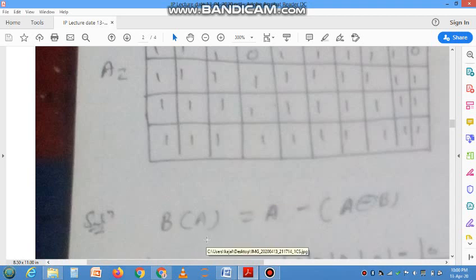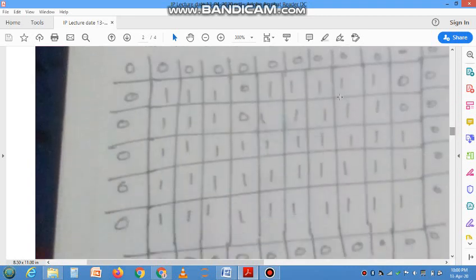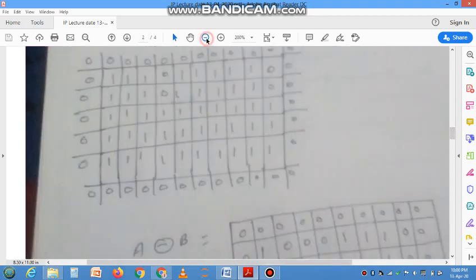So boundary extraction of the given image A is equal to the given image minus the erosion of the given image with the structure element B.